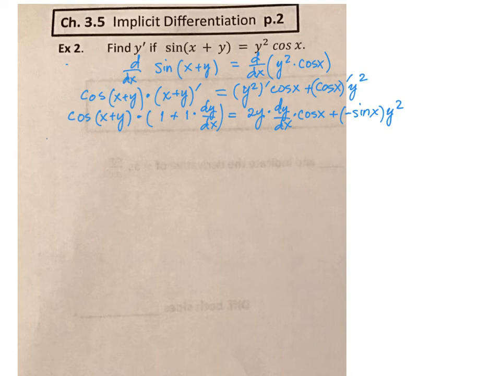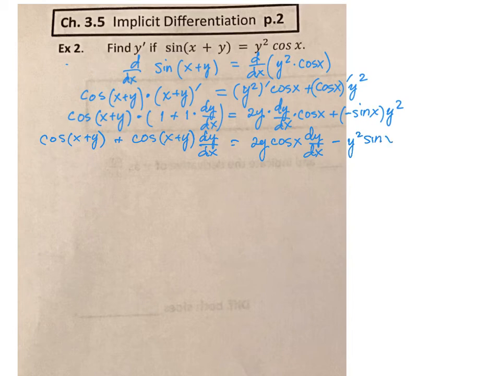Using distribution, I have cosine (x plus y) plus cosine (x plus y) dy/dx equals 2y cosine of x dy/dx minus y squared sine x. Now I subtract both sides by 2y cosine of x dy/dx, and I subtract both sides by cosine (x plus y).